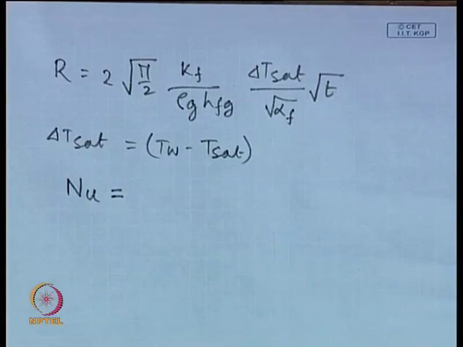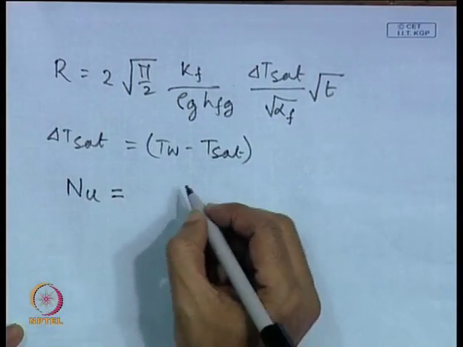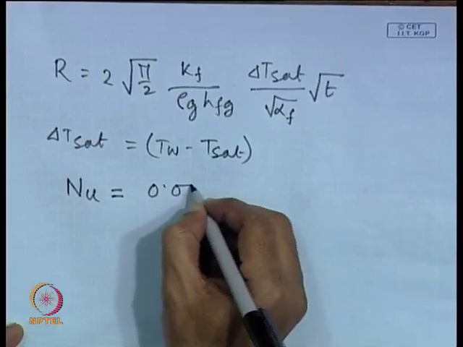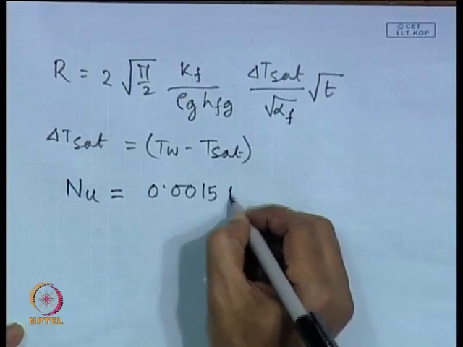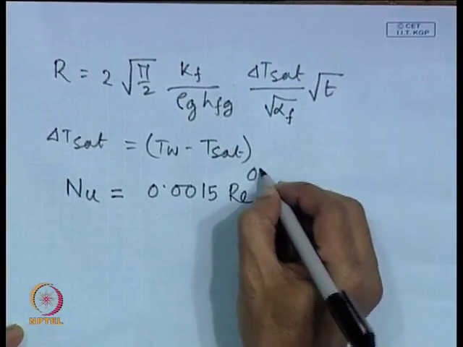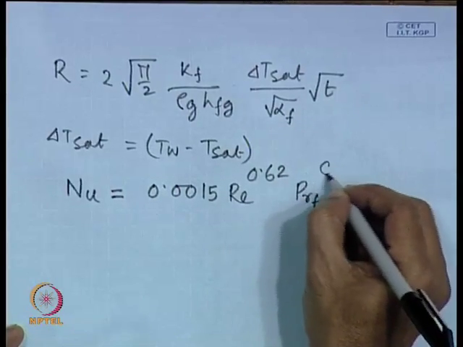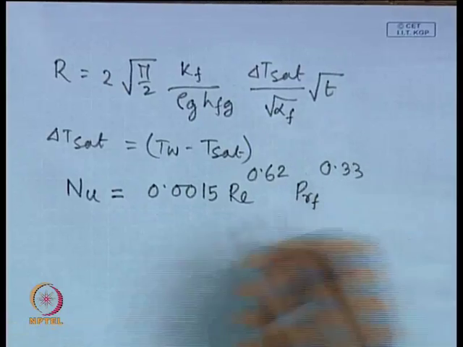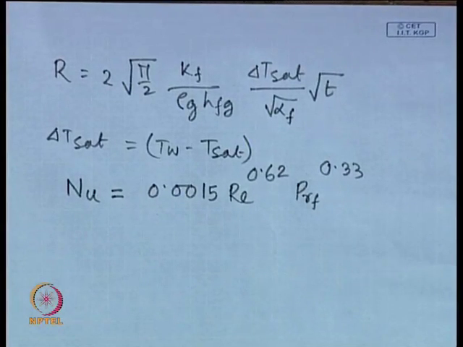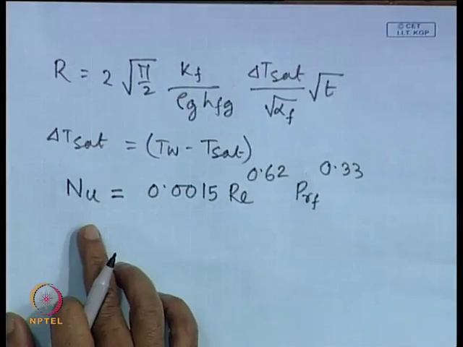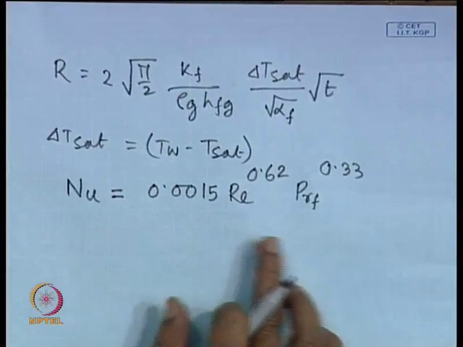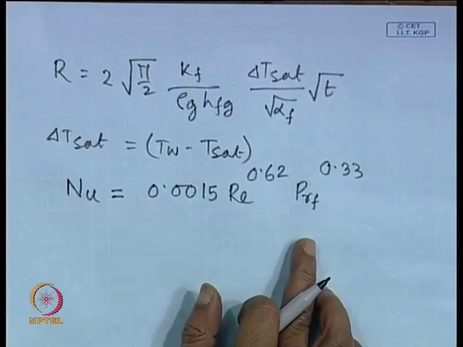In a convection equation, Nusselt number is given by 0.0015 Re to the power 0.62 Pr_f to the power 0.33. Sorry, this is your relationship between Nusselt number, Reynolds number and Prandtl number.